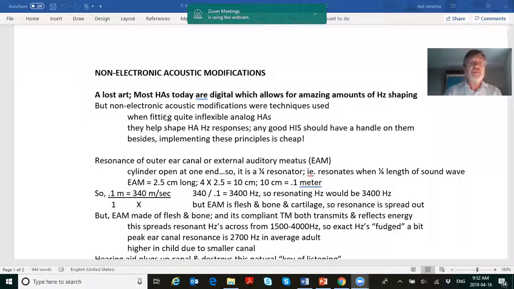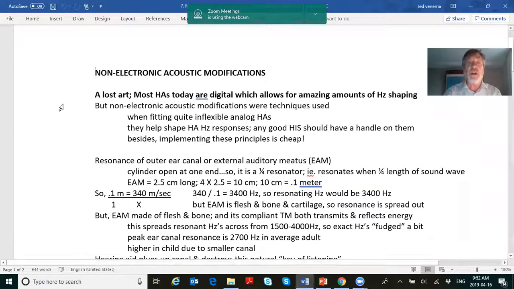The point is, hearing aids all have channels, and you can raise or lower the amplification in any of the thin little channels. Just like we talked about in masking, you have bands of noise. Well, you can raise or lower frequencies in a hearing aid to match the shape of someone's hearing loss. Okay? That's electronic. But today we're talking non-electronic acoustic modifications and what happens.